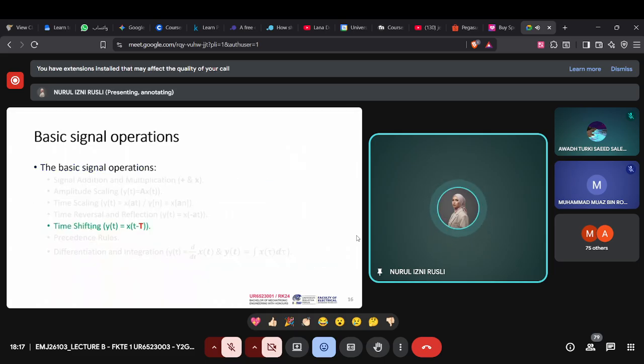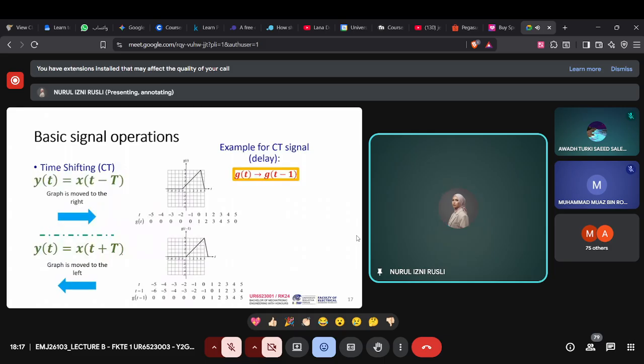So now next we are going to see time shifting. For time shifting, you have basically two conditions.